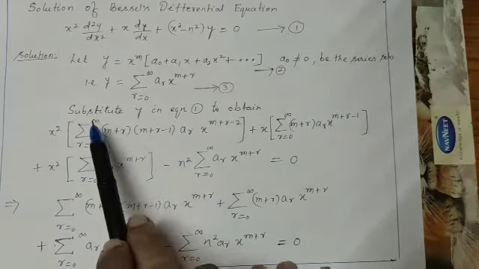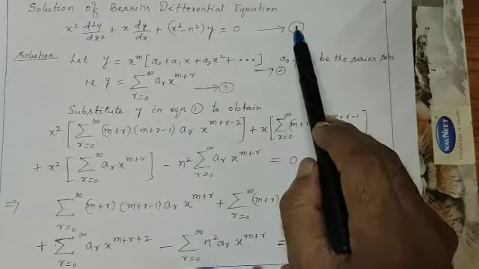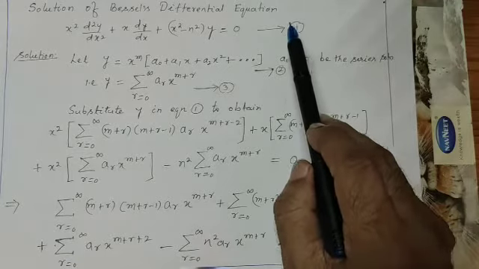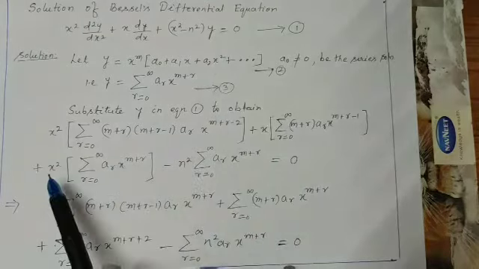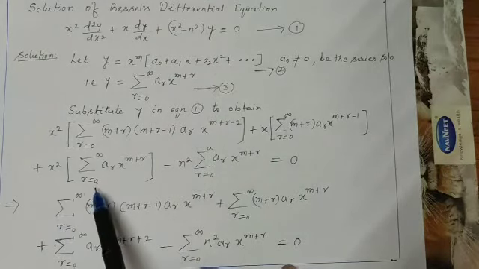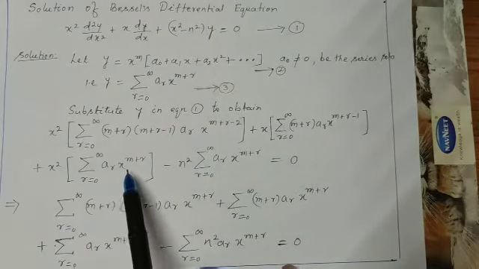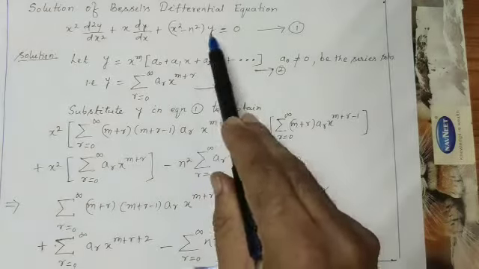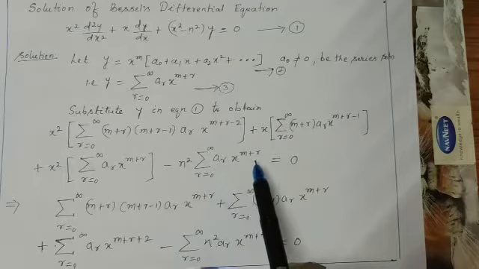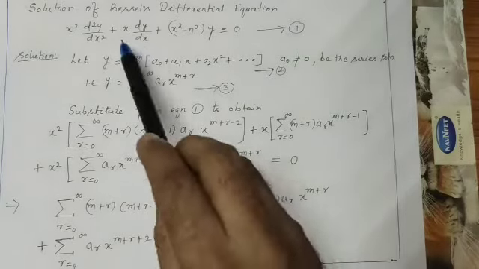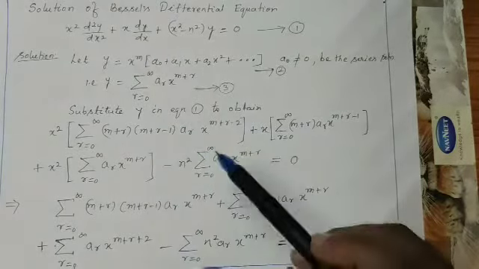Now we substitute y in equation number 1. If you substitute y in equation number 1, (x square minus n square) into y becomes x square into summation r equal to 0 to infinity a r x power m plus r, minus n square into summation r equal to 0 to infinity a r x power m plus r. Now the previous term is x into dy by dx.